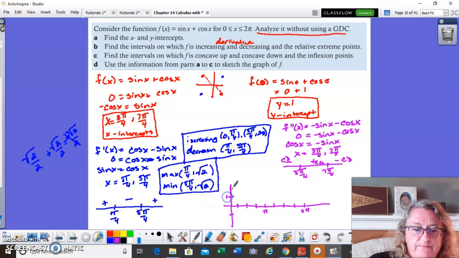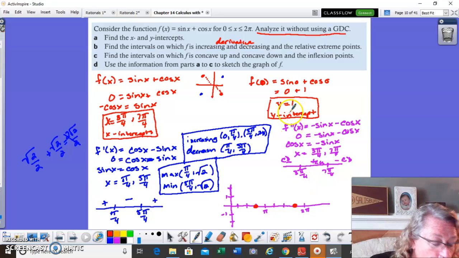So that's 1. And that's negative 1. All right, let's throw some points on here then. So from our intercepts, we got 3 pi over 4. 1, 2, 3. And we got 7 pi over 4. 4, 5, 6, 7. And then our y-intercept we found was at 1.